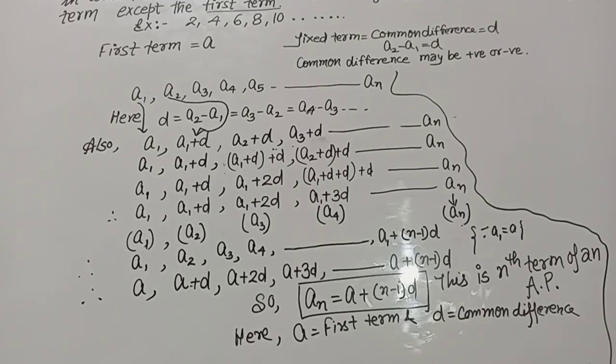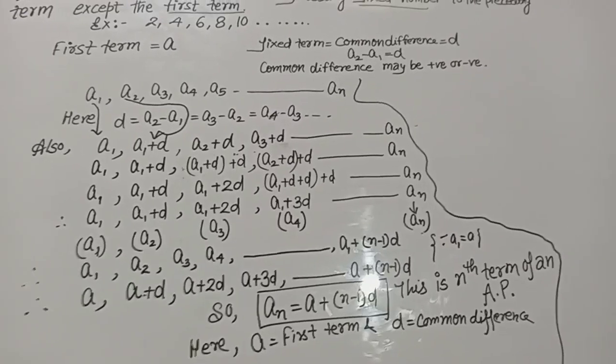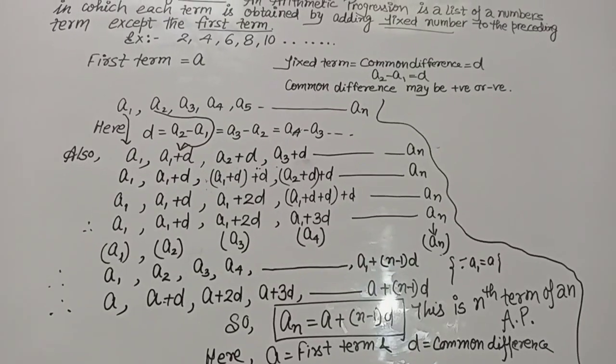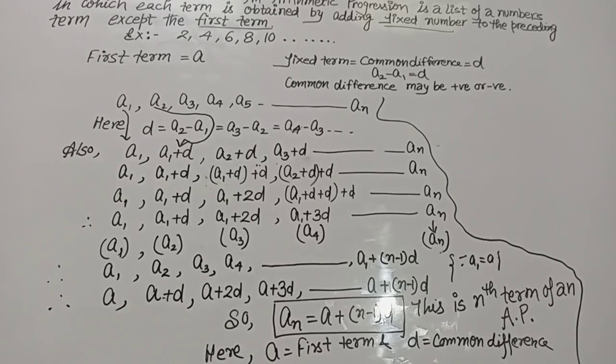Next is the nth term of an AP with first term a and common difference d. This is the nth term of an AP, and in this video also I took it right here. You will pause this video, go through each and every step and write it down.